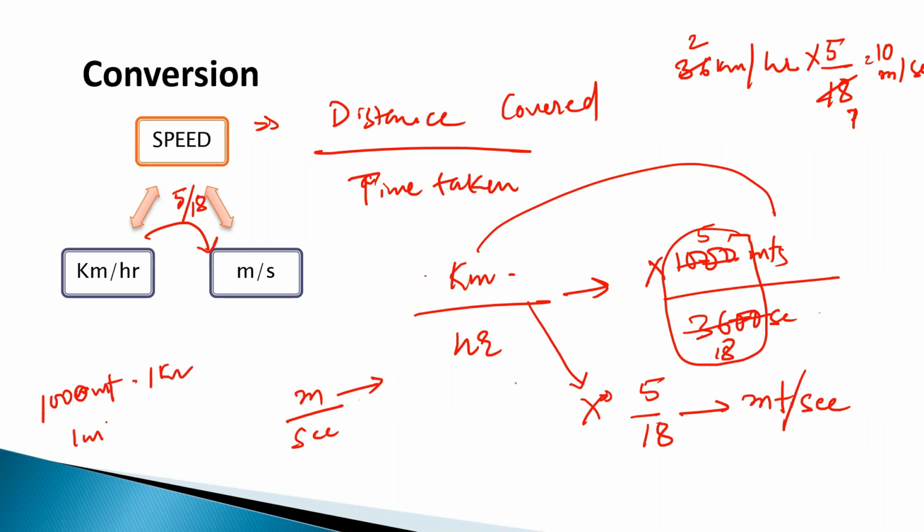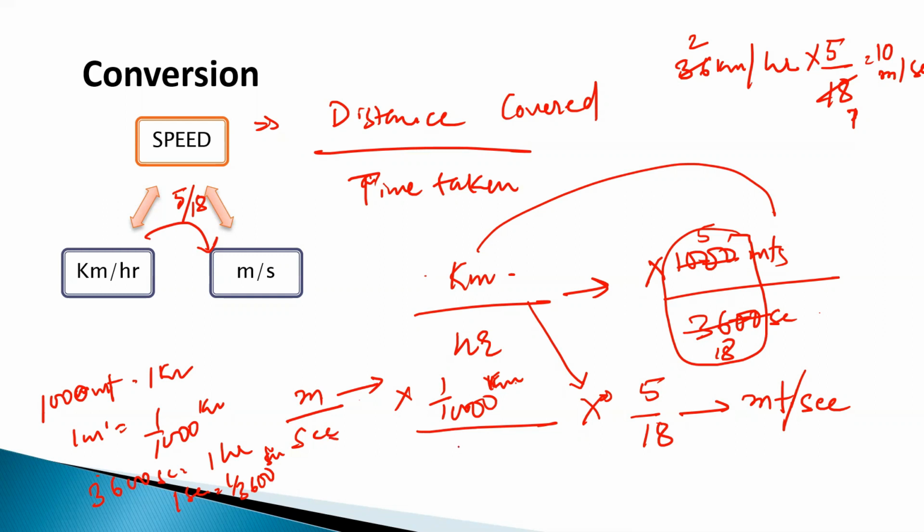So if I say 1 meter, it becomes 1 by 1,000 kilometer. Now you know that 3,600 seconds equals 1 hour. So 1 second becomes 1 by 3,600 hour.